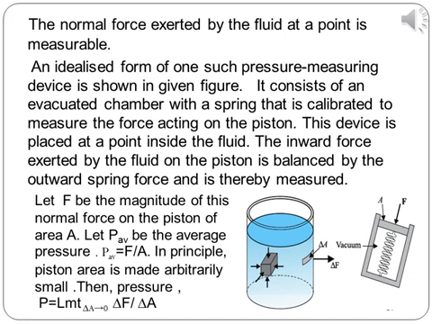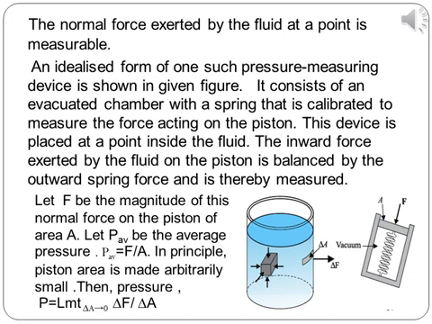Let F be the magnitude of this normal force acting on the piston of area of contact A. Let P_av be the average pressure. Then P_av can be written as P_av = F/A.